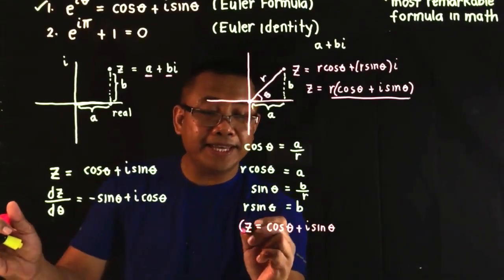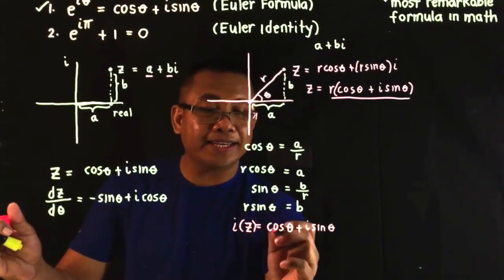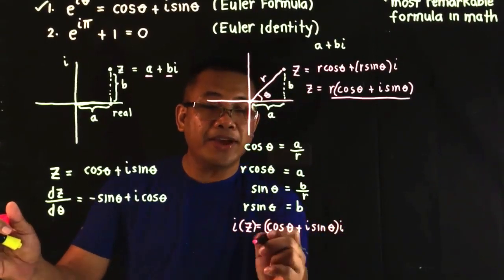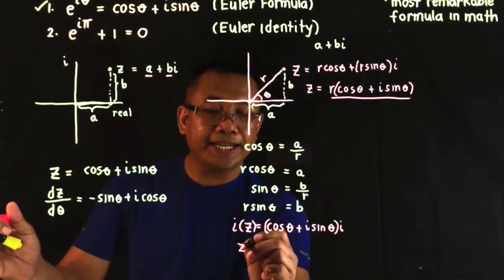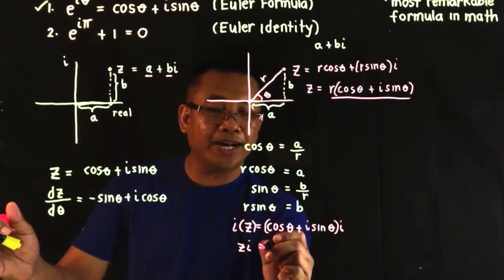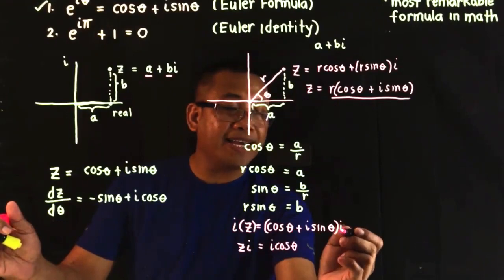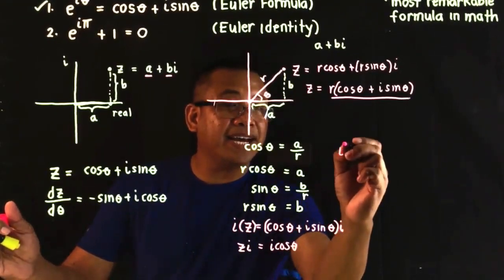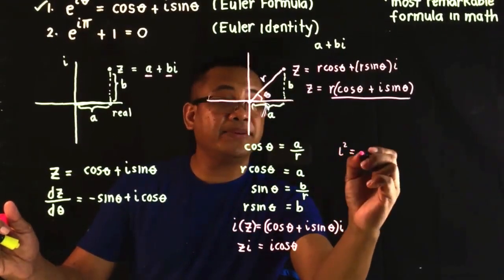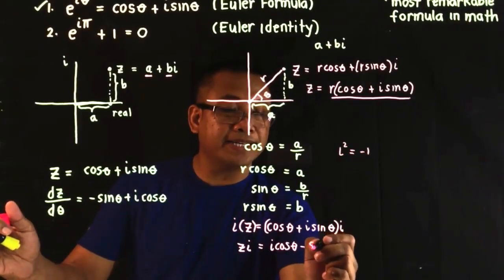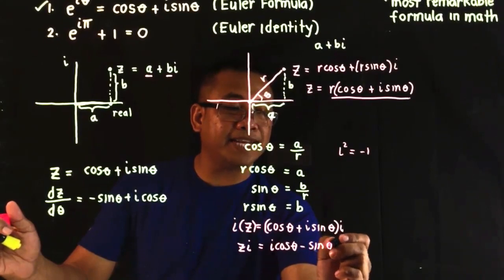Now, if I multiply z by i, and I multiply the right side also by i, what we have at the left is z times i equals i times cosine theta, and then i times i is i squared, and i squared is equal to negative 1. So we have here minus sine of theta.